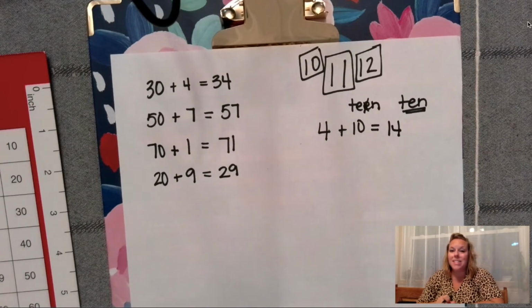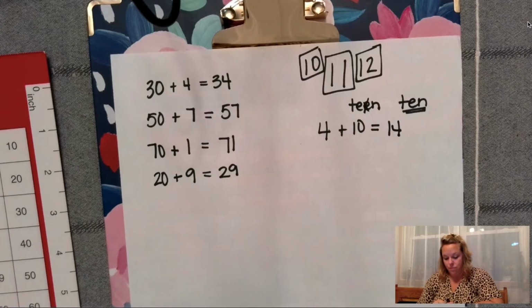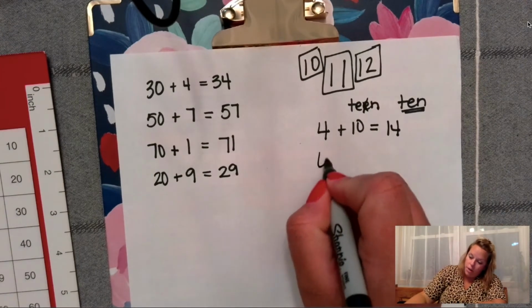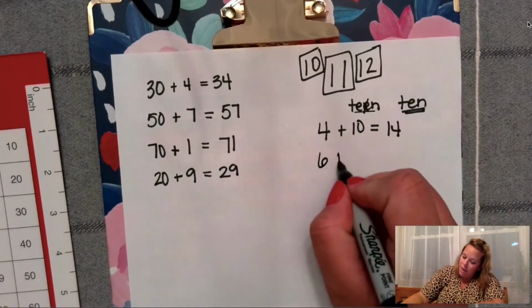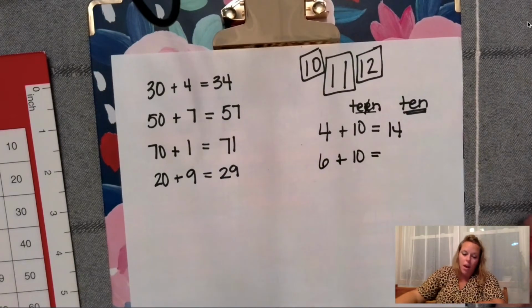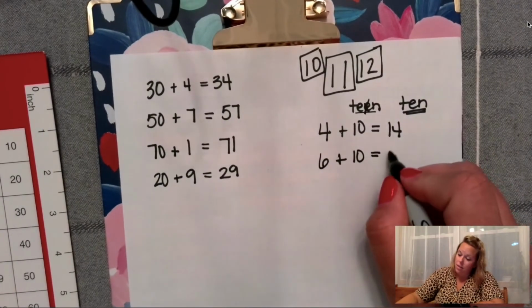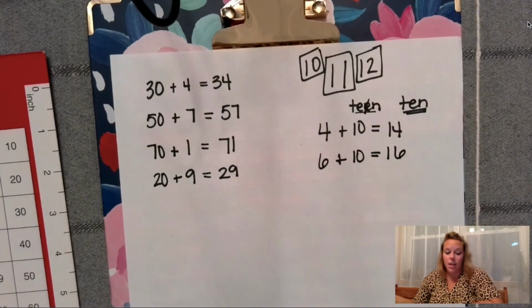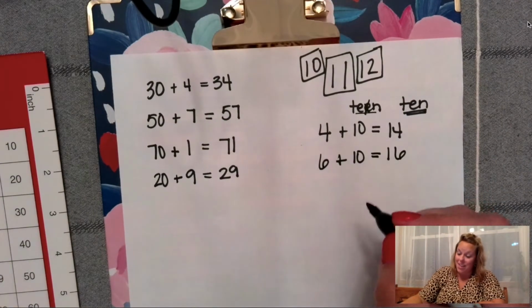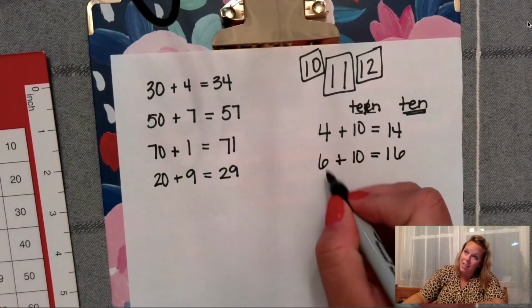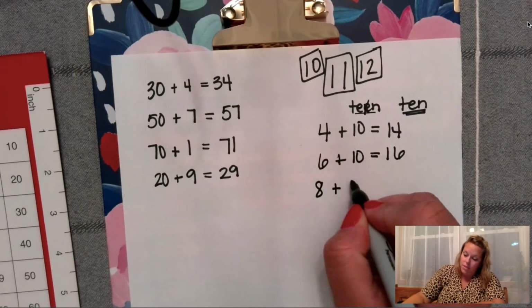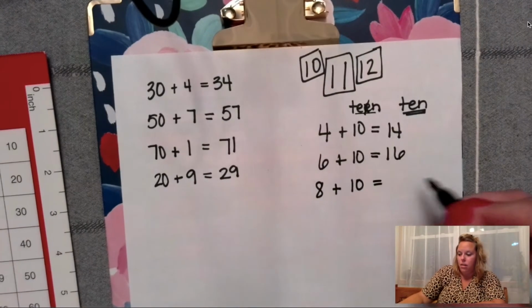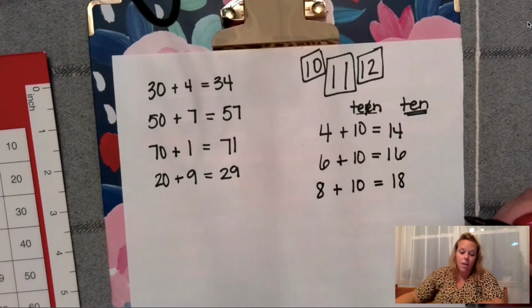What about 16? First you hear the 6. Teen means I'm adding 10 to it. And 6 plus 10 is 16. What about 18? 8 plus teen, 10. 8 plus 10 is 18.